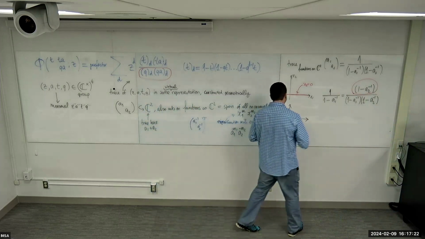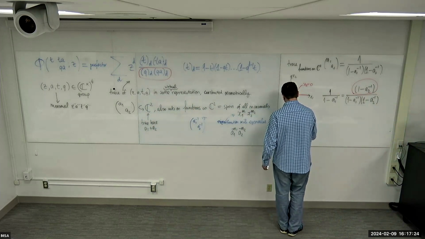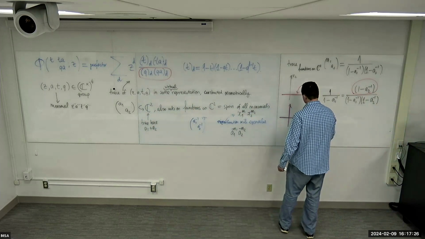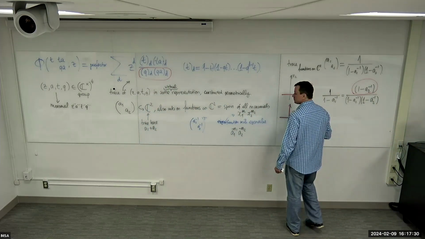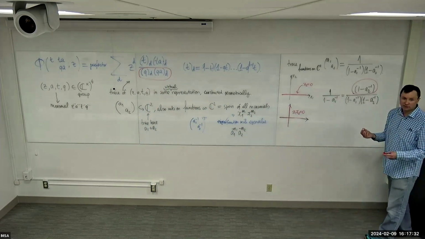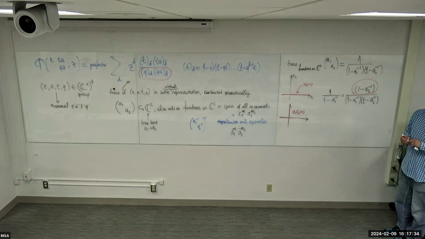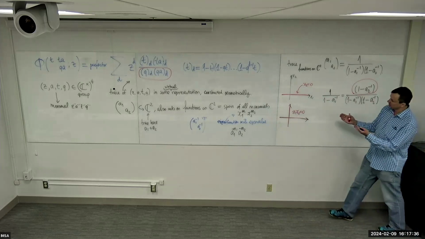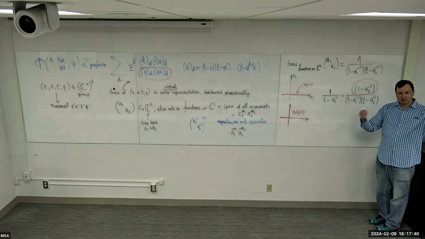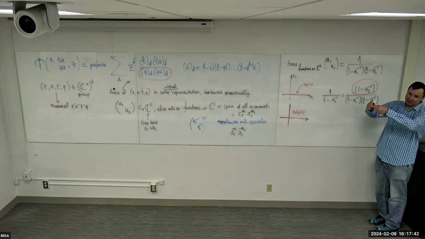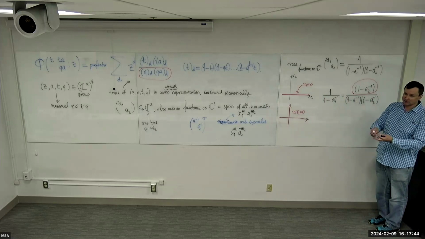What if I impose the equation that the product of the two is equal to 0? If I impose the equation x1 x2 equals 0, I take functions on the union of two coordinate axes. The function on one axis and the function on the other axis have to take the same value at the origin.